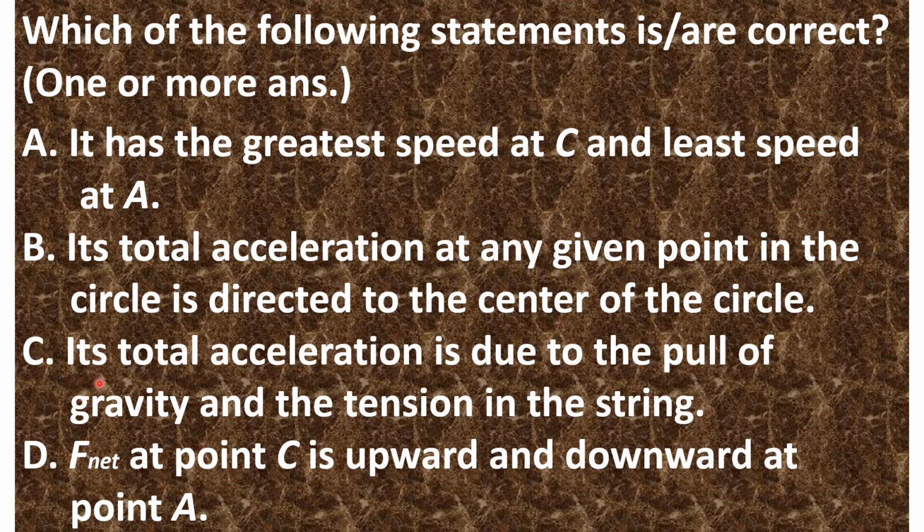Option letter C, its total acceleration is due to the pull of gravity and the tension in the string. And option letter D, the F net at point C is upward and downward at point A.